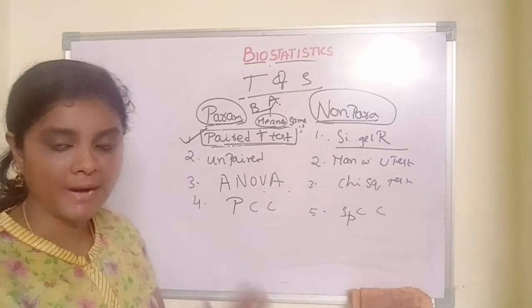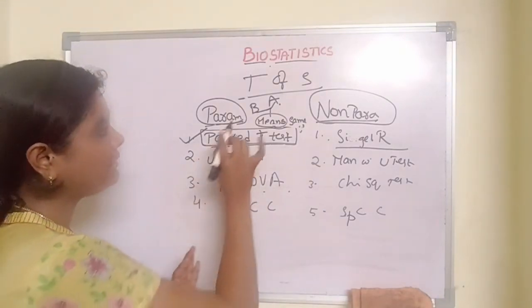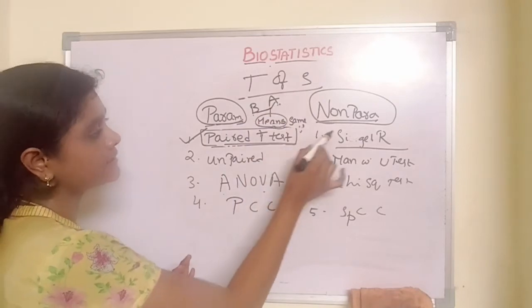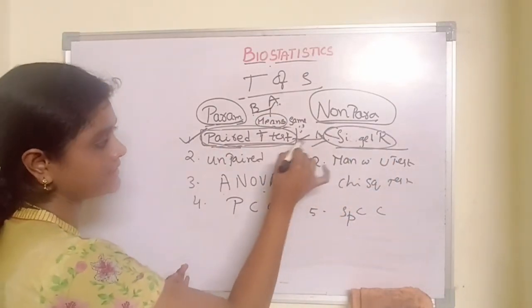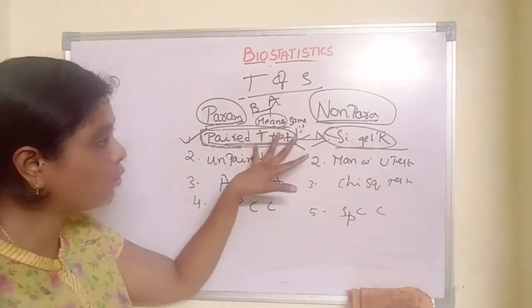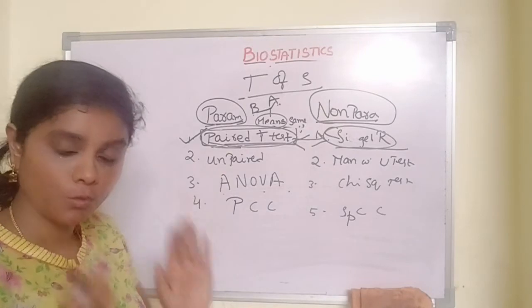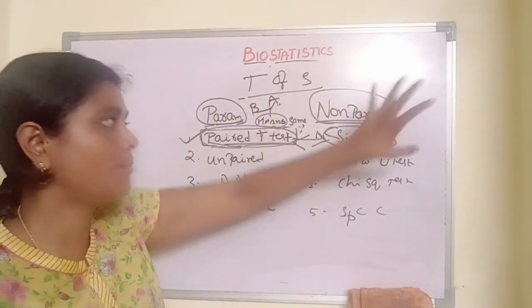Comparison of means in the same sample before and after is the signed rank test and the paired t-test. Both are the same. The only difference is that one is parametric and the other is non-parametric.